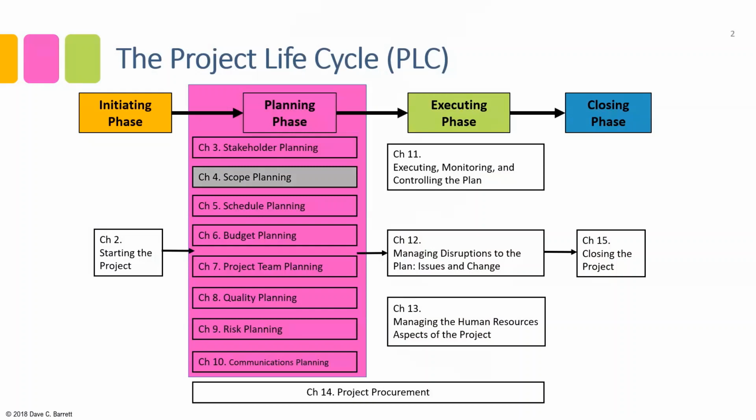In real life projects, they're mixed together, and one area affects the other. On any given day, you might be doing 2 or 3 of these, but it is more back and forth across these planning areas as you actually plan a real life project. So that's just a reminder.